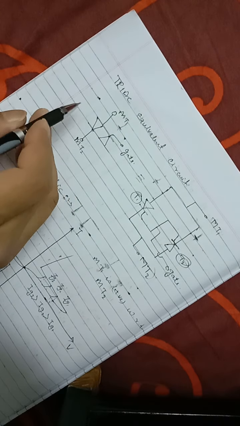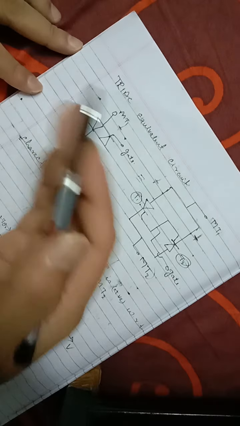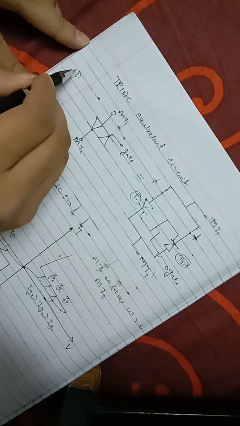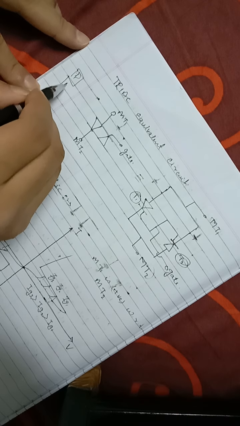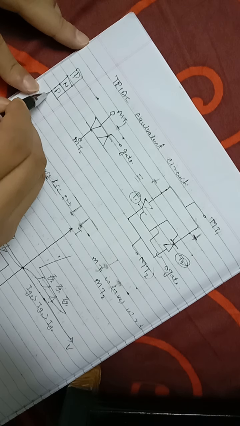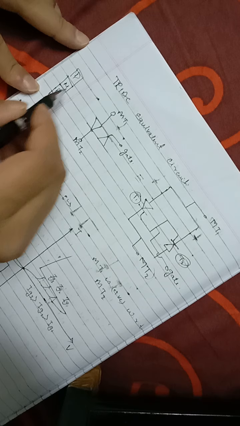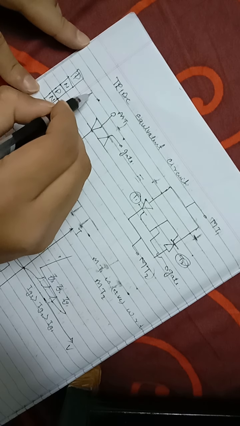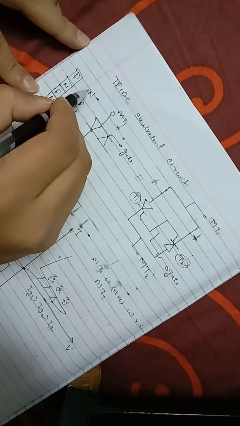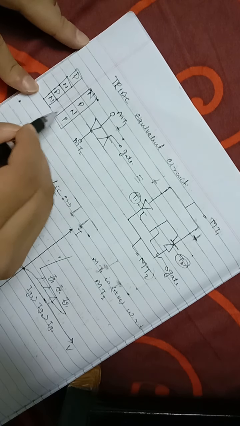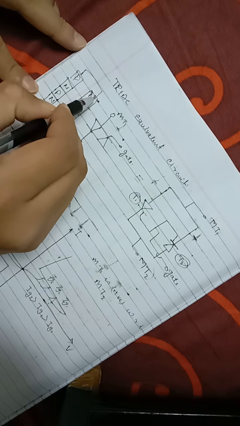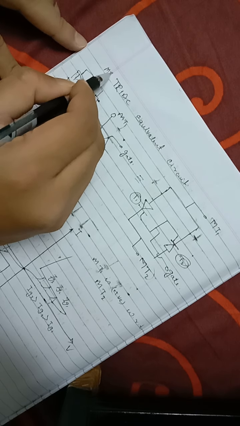If you want to elaborate your equivalent circuit, you can see this is P N P N, and this one is N P N P. Now you connect these two and call it MT1.